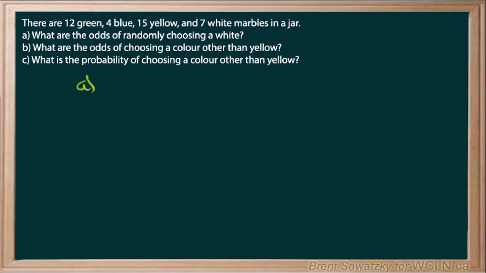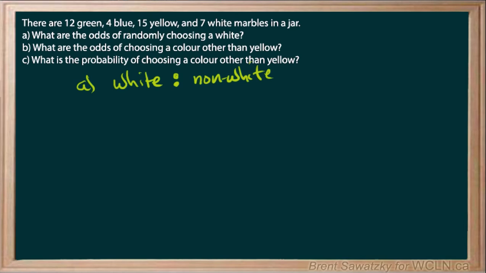So the first one, we're asked what are the odds of coming up with a white marble here. So we think about the definition of odds, and what we're doing is we're saying possibilities that it's white versus the possibilities that it's non-white.